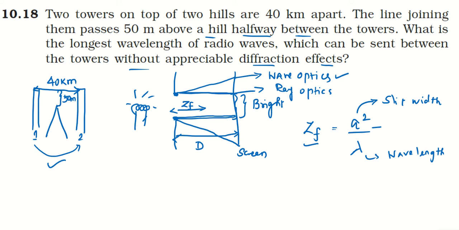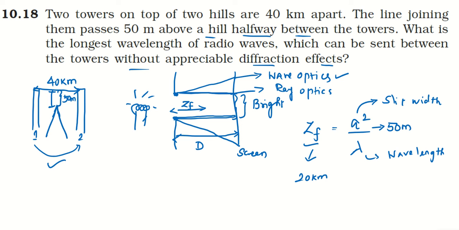Now the screen is actually the other tower, and the slit is actually the obstacle, that is the hill. So where is that hill placed? It is at 20 kilometers, so this will be 20 kilometers, and this distance, the aperture here, is 50 meters.